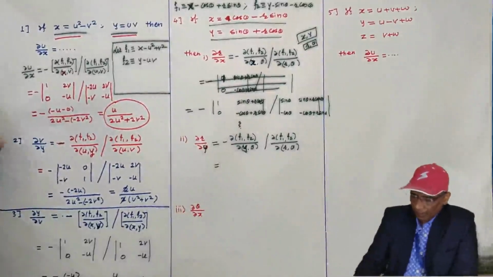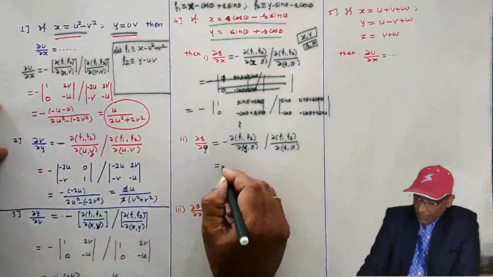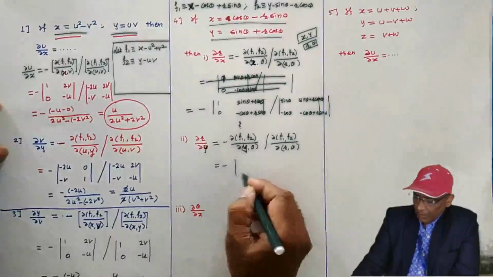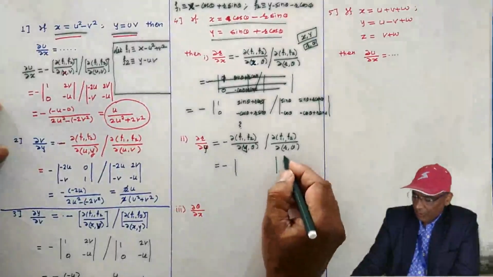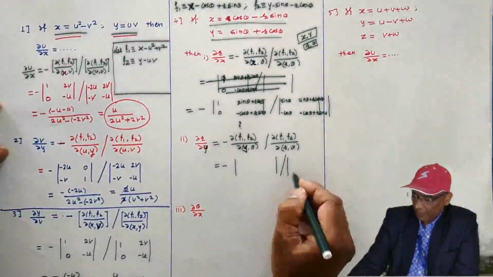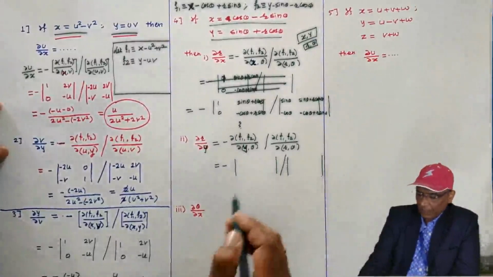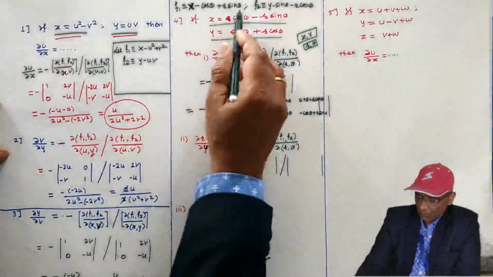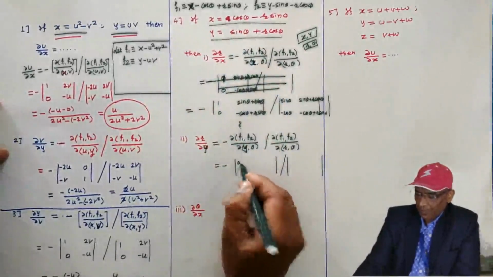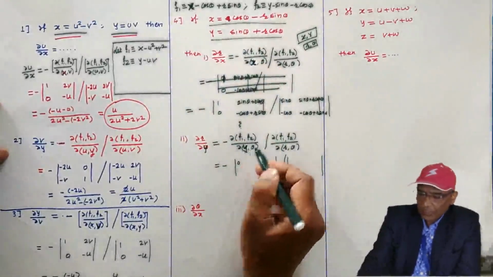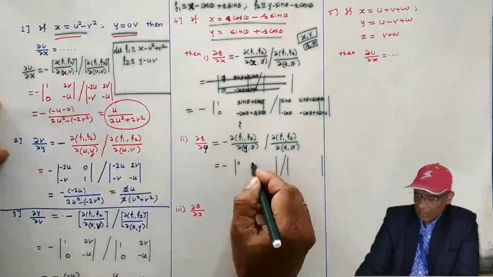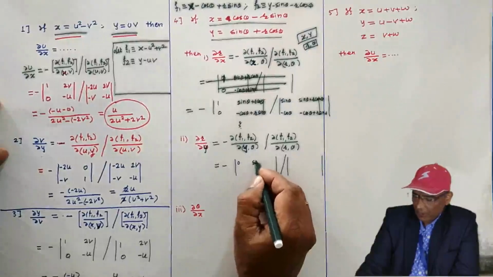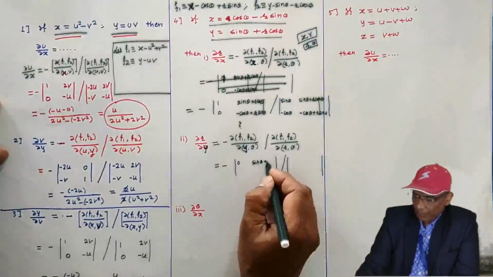Now, how do you find it? Minus numerator divided by denominator. Okay. Now the derivative of f1 with respect to y is 0 because y is absent. The derivative of f1 with respect to theta is minus cos theta, the derivative is sin theta, and the derivative of sin is cos.